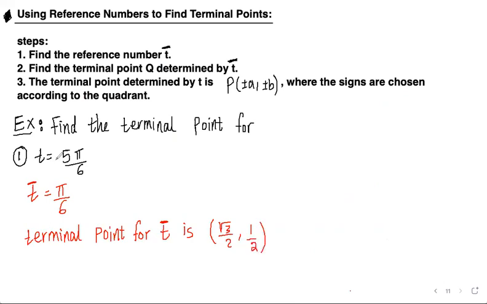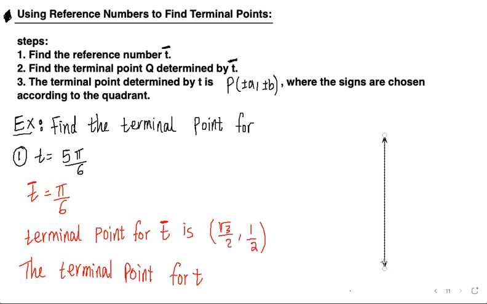Now the question is, find the terminal point for t, not for t bar. The terminal point for t is the same as this one, but the difference is the sign. How can I know the sign? I have to graph. This is my unit circle.